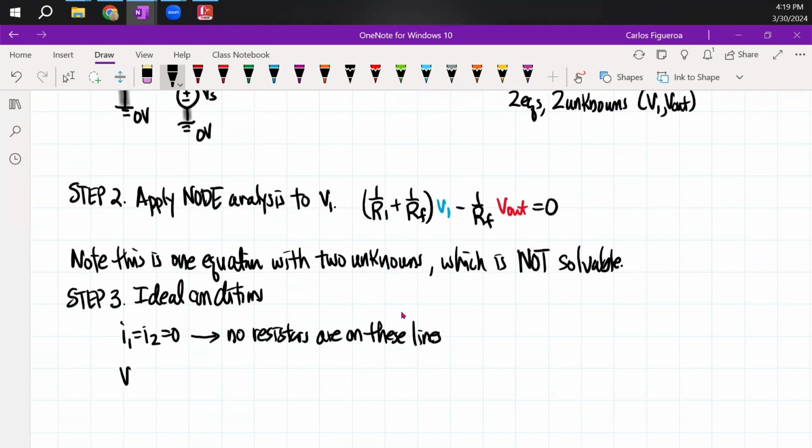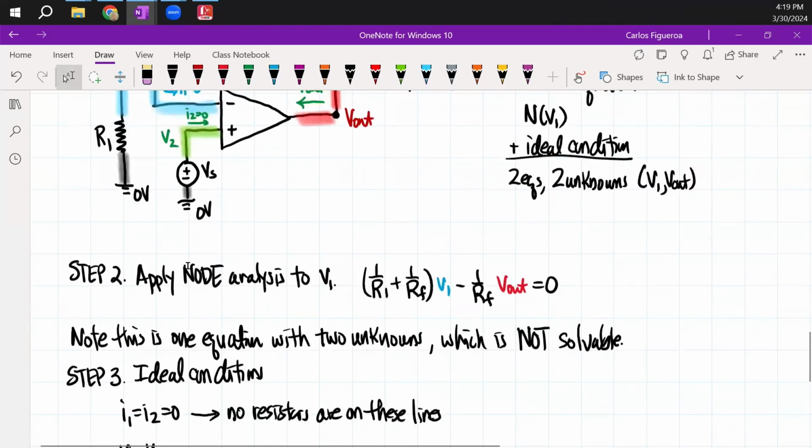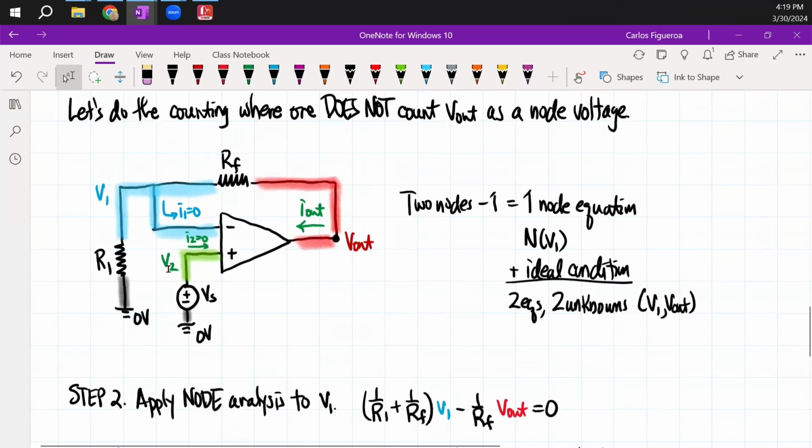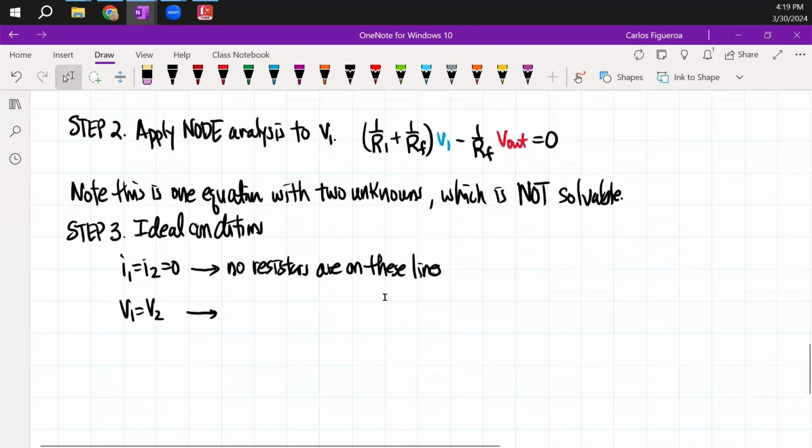Now we come in and apply the second condition. The first thing that we see here is that V2 must be the same as the source voltage. In other words, V2 is the same as the source voltage.